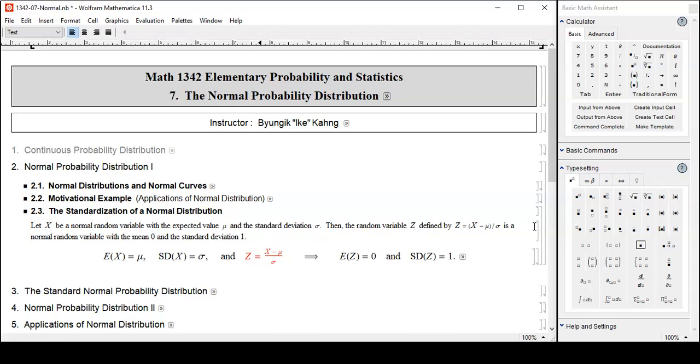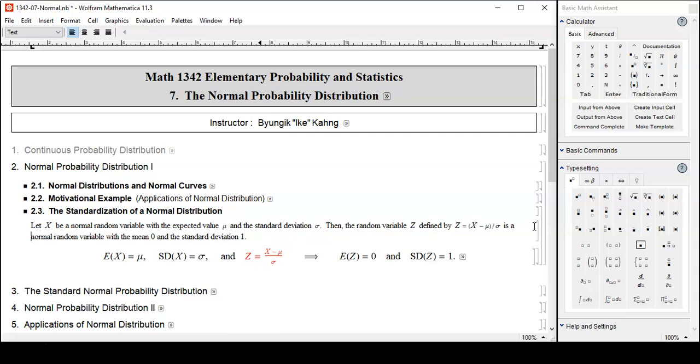Theoretically, there's some subtlety here, but not too much. Basically, what it says is, if you have a normal random variable x, then of course it'll come with its mean and the standard deviation.